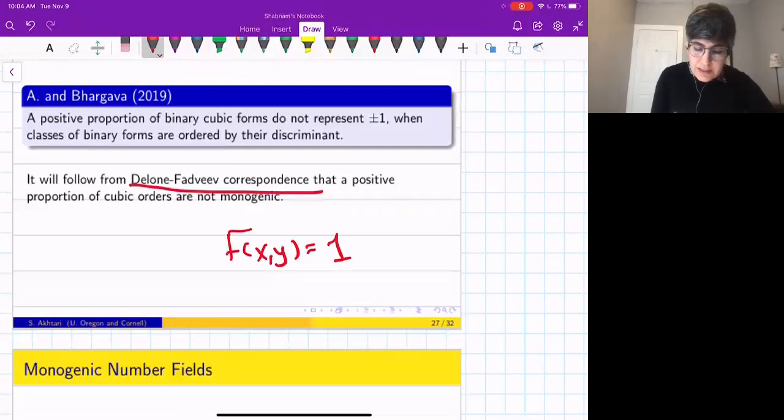And by this correspondence that I talked to you about, right away we get that a positive proportion of cubic rings are not monogenic. And that just comes easily from this correspondence.